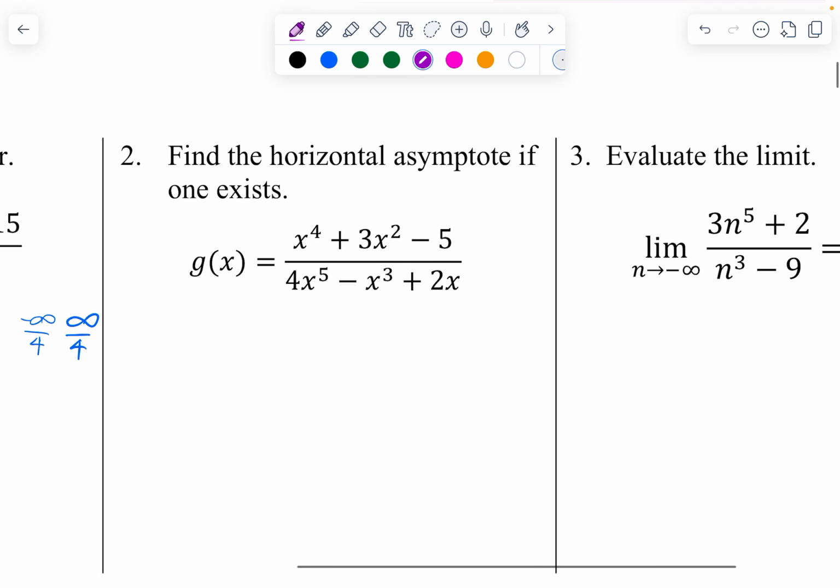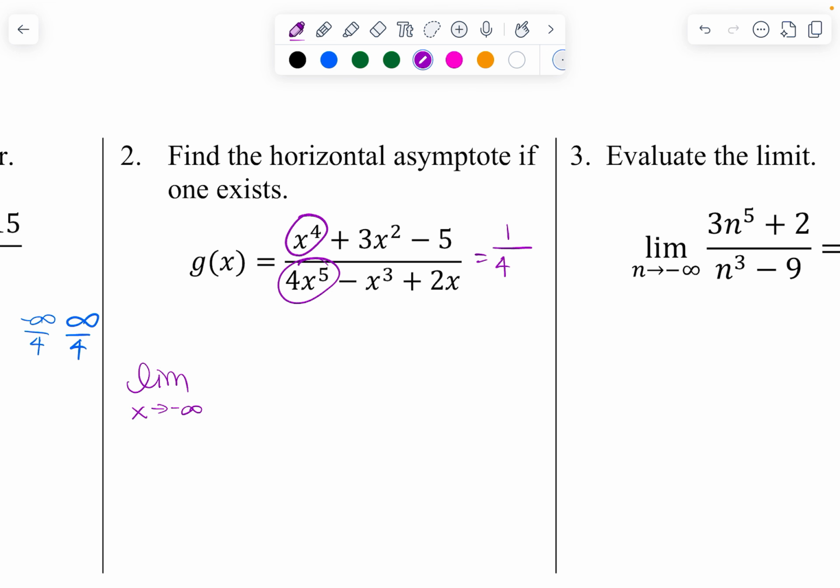Okay, let's look at this one. x to the 4th over 4x to the 5th. We do know that this has a horizontal asymptote of y equals 0 if we look at our chart. So as I'm looking from negative infinity, this is like saying 1 over 4x. 1 over 4 times negative infinity is like saying 1 over negative infinity.